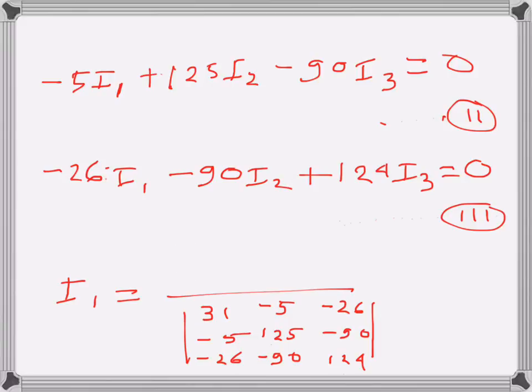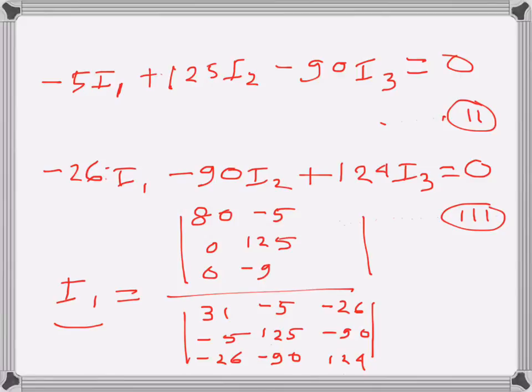In the numerator, since I am trying to find I1, instead of the I1 column I will write the right hand side, which is 80, 0 and 0, and the remaining columns will be the same. This is a mathematical thing, just the determinant method to solve simultaneous equations.